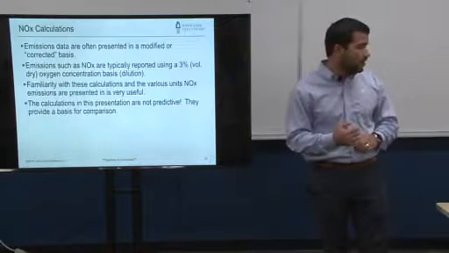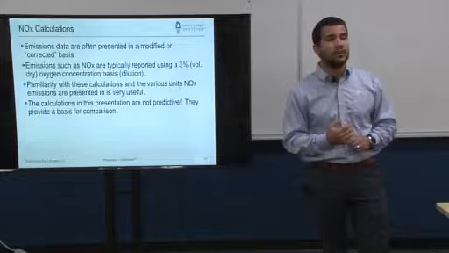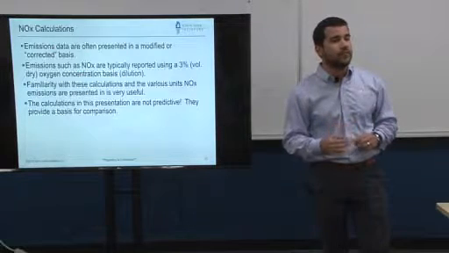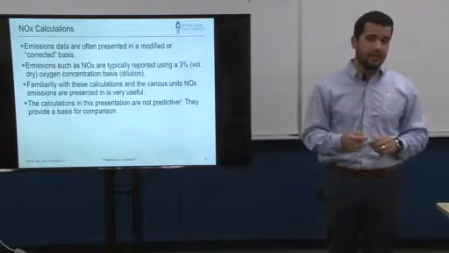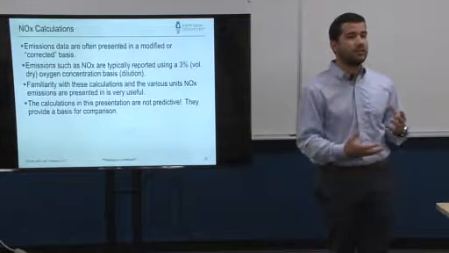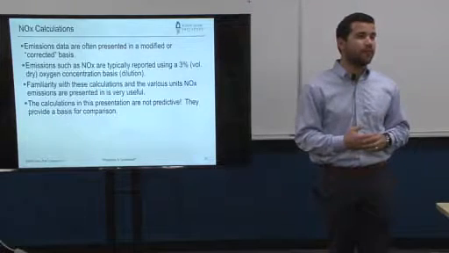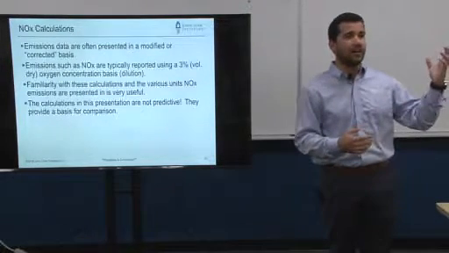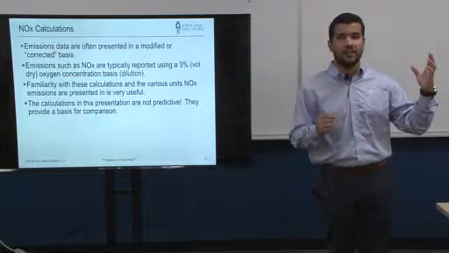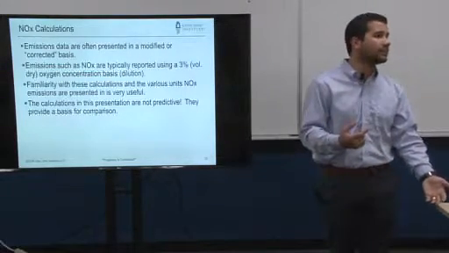NOx emissions are often reported on a 3% O2 basis, right? That was done simply because, as you saw a second ago, you measure O2 in a volumetric manner. So back several years ago, people figured out that if you had high NOx, what you did is that you diluted it with more oxygen, and all of a sudden you had a lot less NOx.